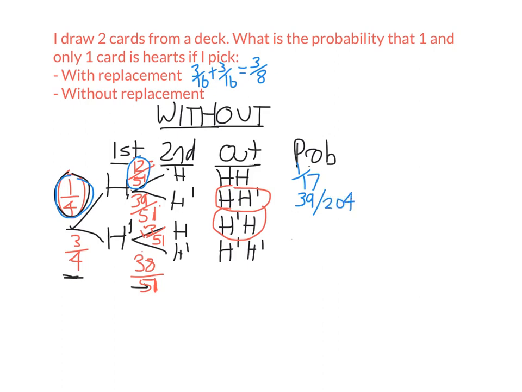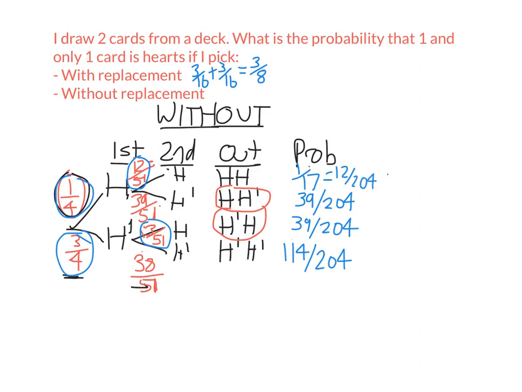The next one is 3 over 4 times 13 over 51, same number, 39 over 204. And then the last one will be 3 times 38 over 4 times 51, which will give you 114 over 204. So just so you note, 1 over 17 is 12 over 204.